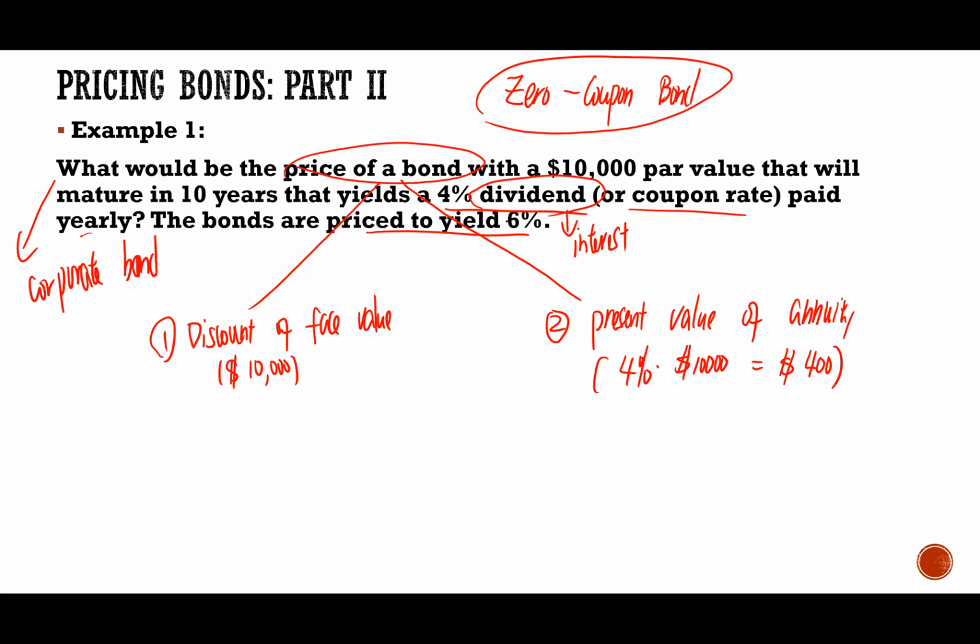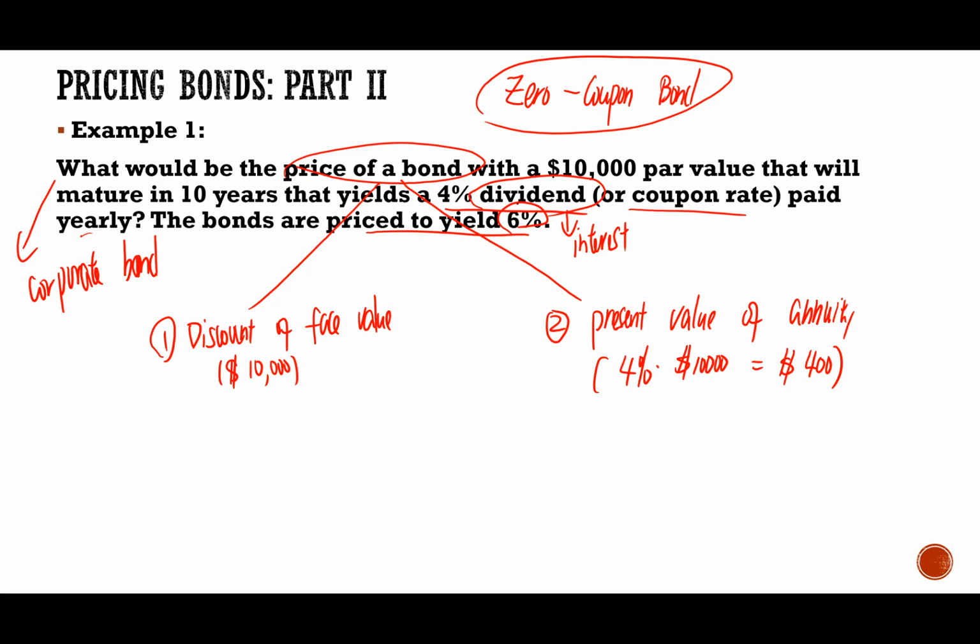So let's see how much you are willing to pay right now. First, let's discount this $10,000 using the market rate, meaning that on the market, if you have $10,000 to invest, they will pay you 6% interest.